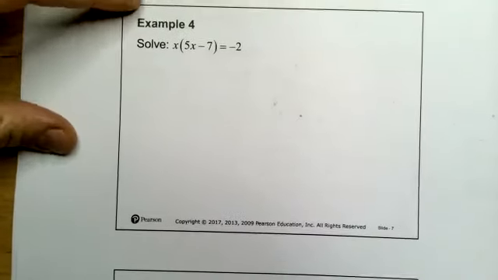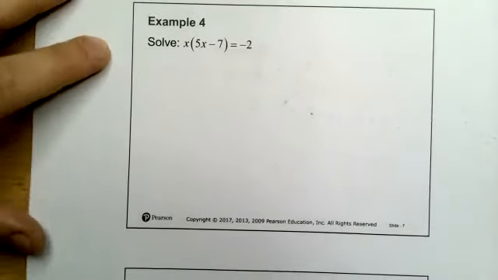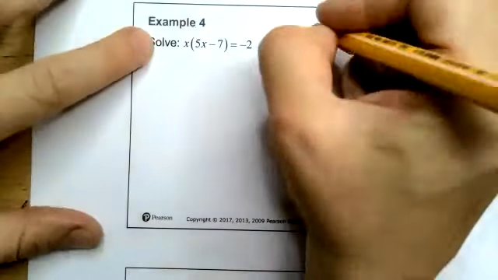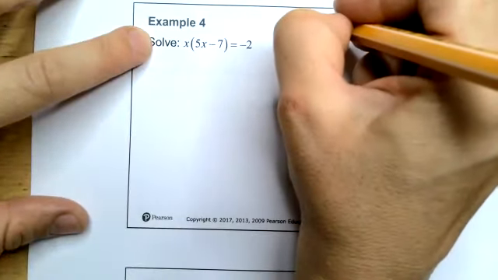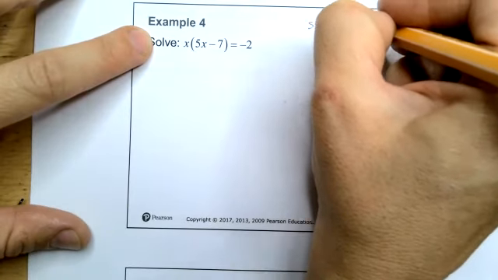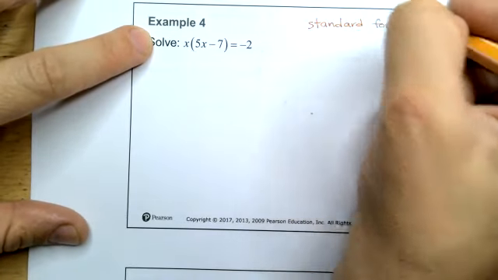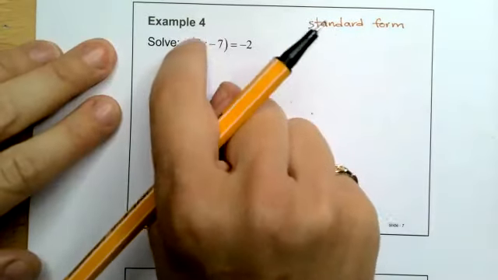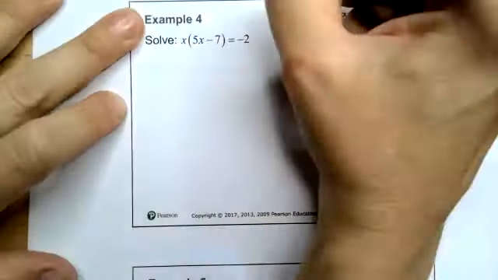Example 4, because this is not yet in standard form, right? I said put it in standard form. And putting it in standard form means doing the factoring. So get rid of the parentheses.